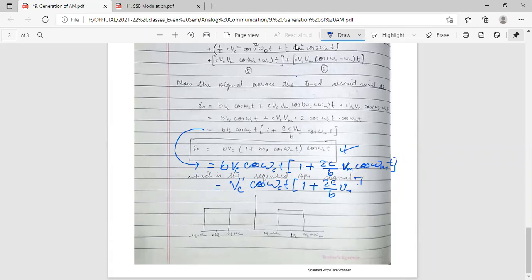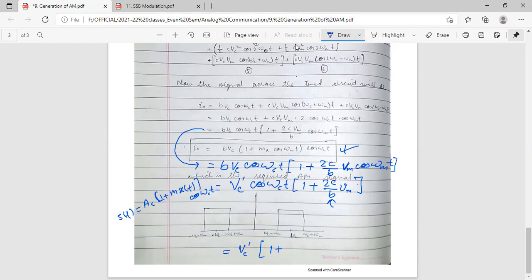Now it can be written as Vc dash 1 plus this term. The modulated equation has another form, Ac 1 plus m xt cos omega ct.